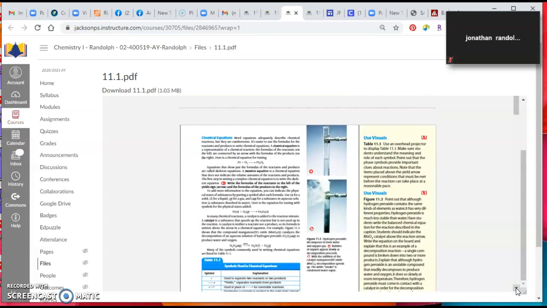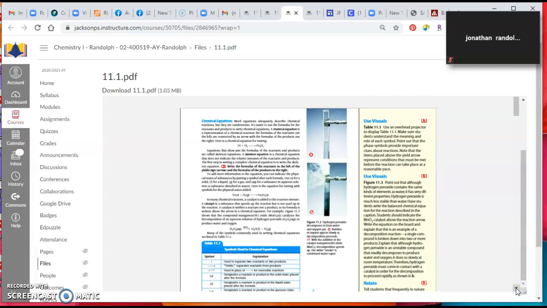When we're writing chemical equations, certain symbols mean certain things when we write them as a sentence. Remember, reactants go on the left, products go on the right.